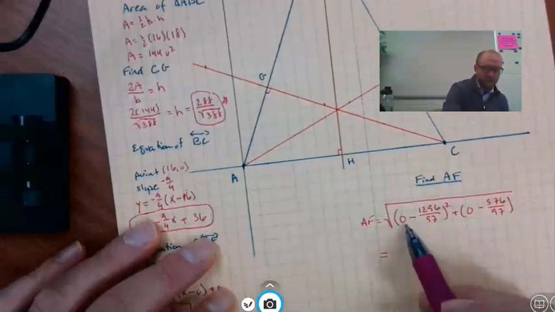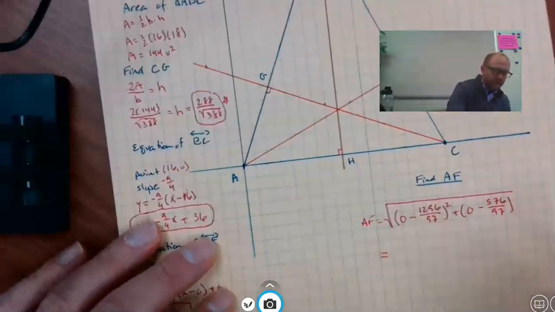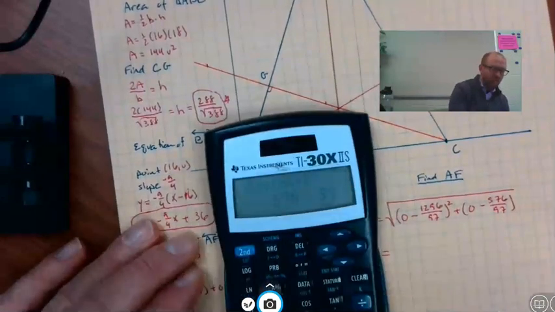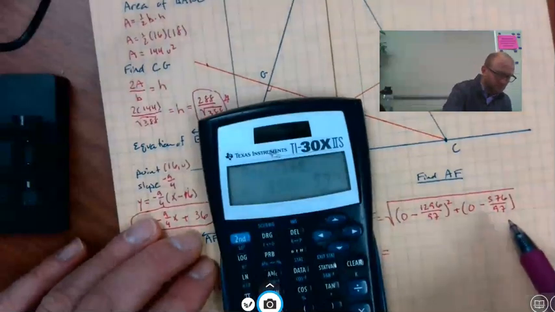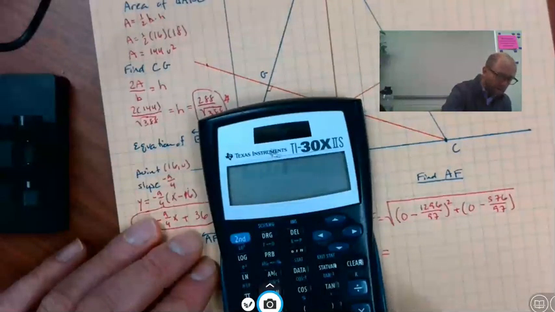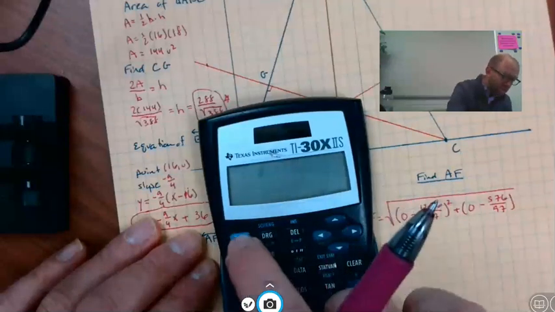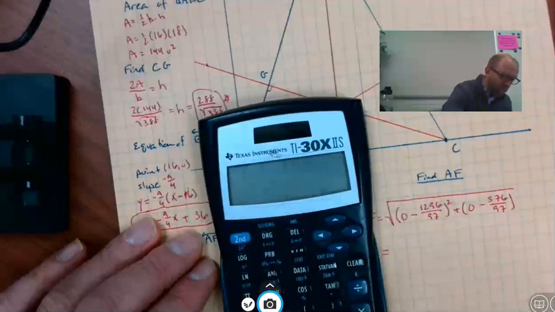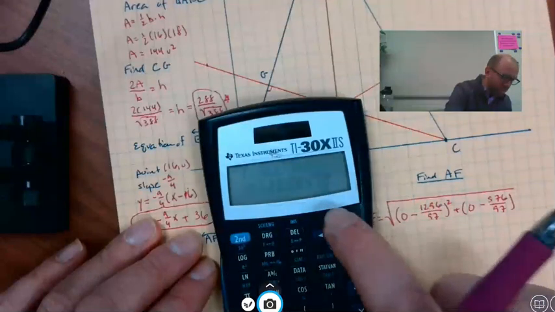I don't really have to write in the minus parts. In fact, positive or negative doesn't matter either, so I'm just going to put in 576 over 97, square that, plus 1296 over 97 squared. The calculator's going to think for a second. Then second, square root, second, answer. Ooh, except I don't want that, it's going to give me a decimal.